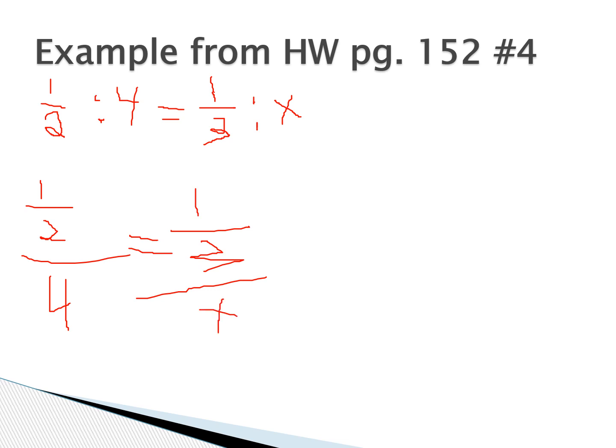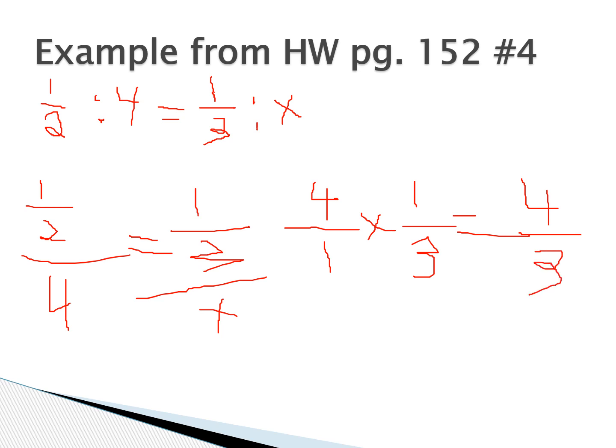Okay, so I'm going to go ahead and multiply 4. If it makes you feel better, we can put a 1 over this, times 1/3. Okay. Multiply straight across, we should get 4 over 3. Okay, so that's what I got.